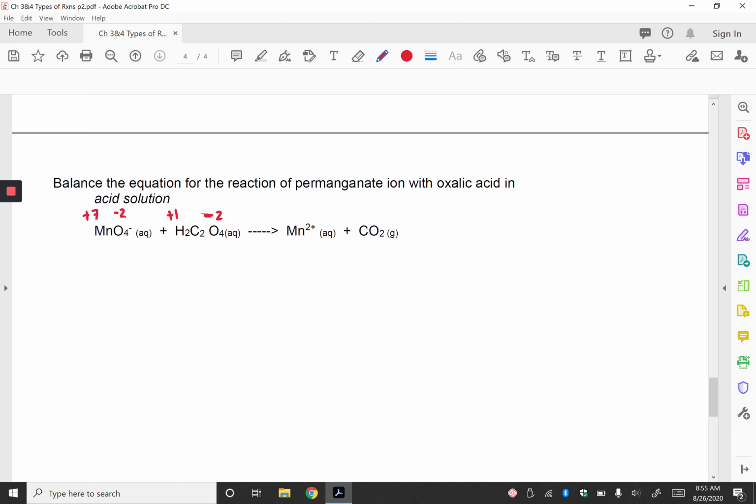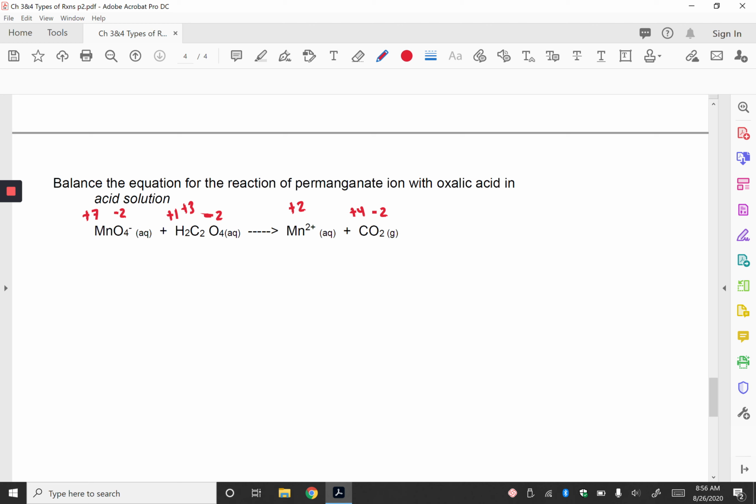And so I need to figure out what the carbon is. What do you think? That's a +3 for this carbon. Okay? The manganese on the other side, it's a monoatomic ion. It has a charge, so it's +2. That one's easy. Carbon dioxide, this oxygen is -2. So what does that make? The carbon here, +4.